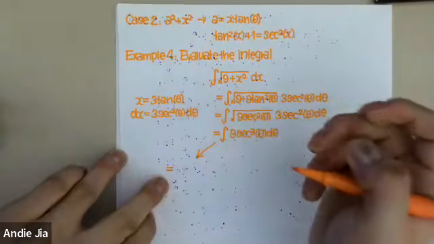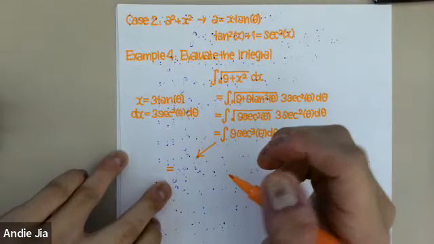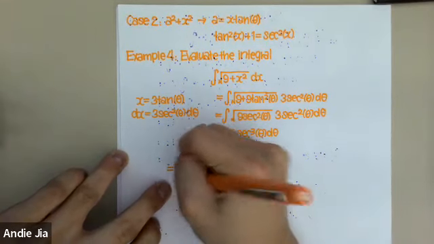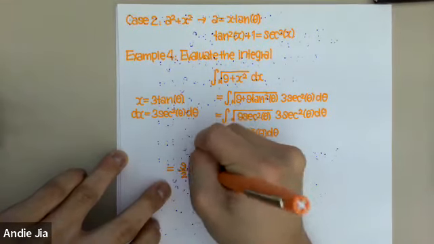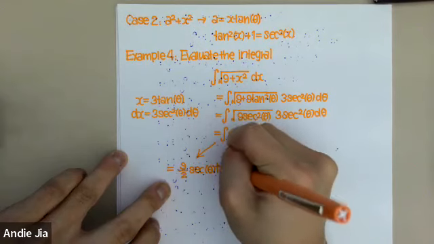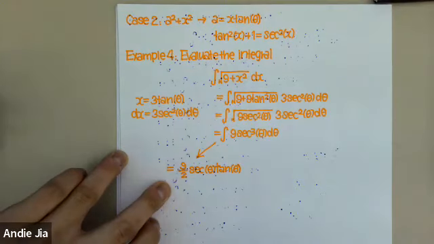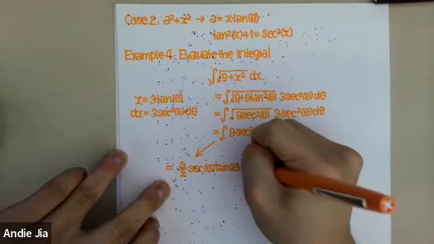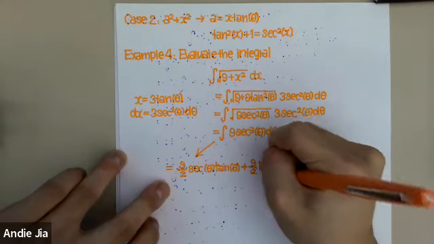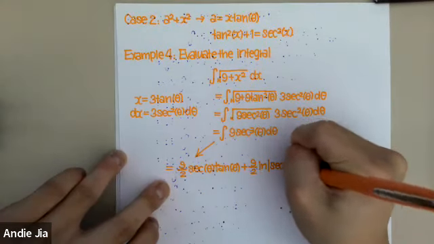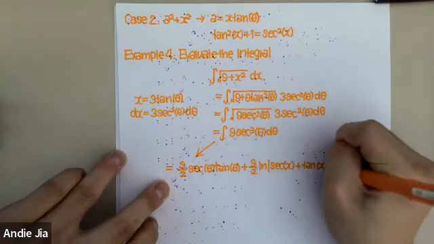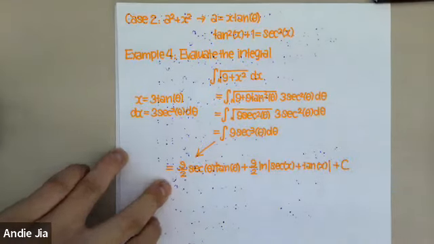So it's going to be 9 over 2 secant of theta tangent of theta plus 9 over 2 the natural log of secant of theta plus tangent of theta plus constant of integration.